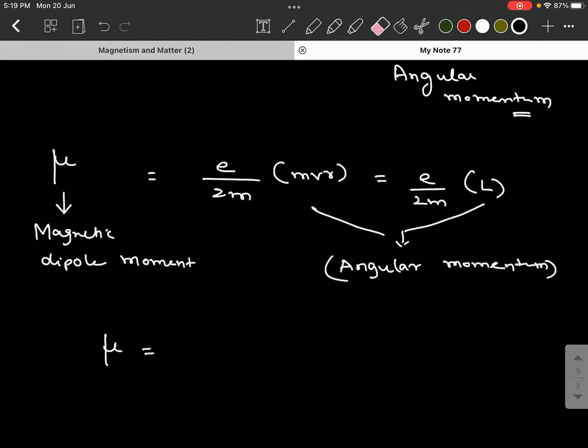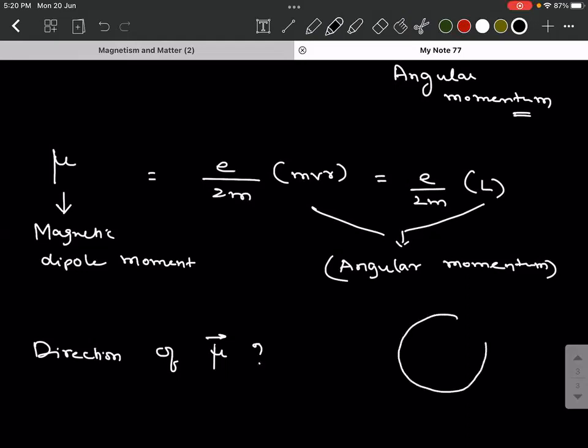Now see, what is the direction of mu vector? Look at the way the electron is revolving. If I look at the electron, then the electron is revolving in anti-clockwise direction. So current will be in the clockwise direction.